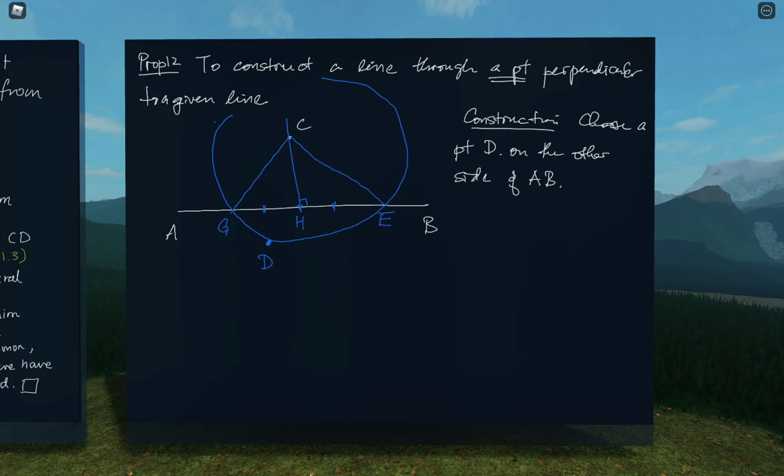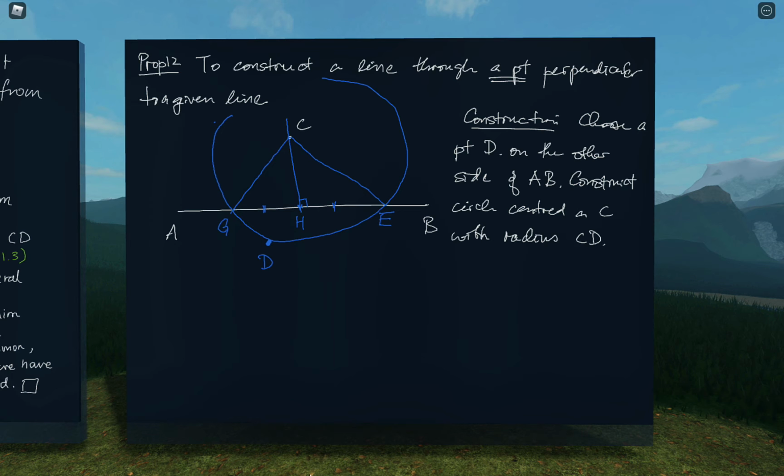Okay, so going back to here, I guess I'll just very quickly write down the construction instead of just drawing it. So construct a circle centered at C with radius CD, right?